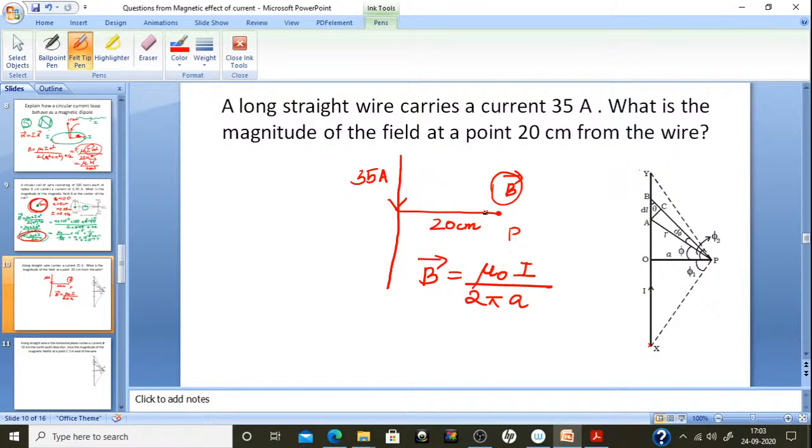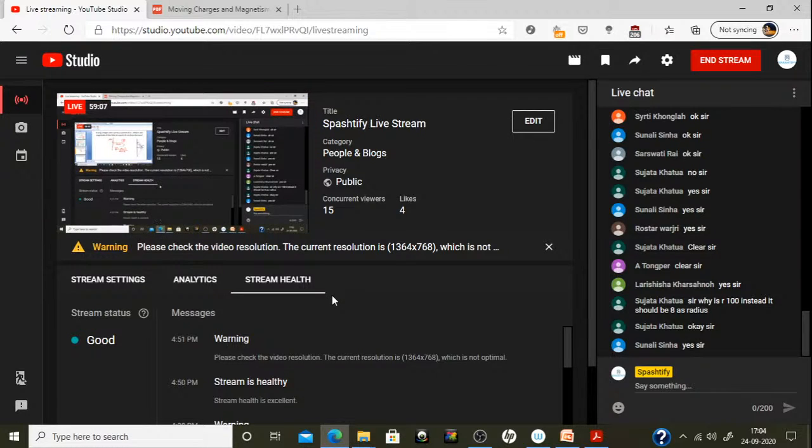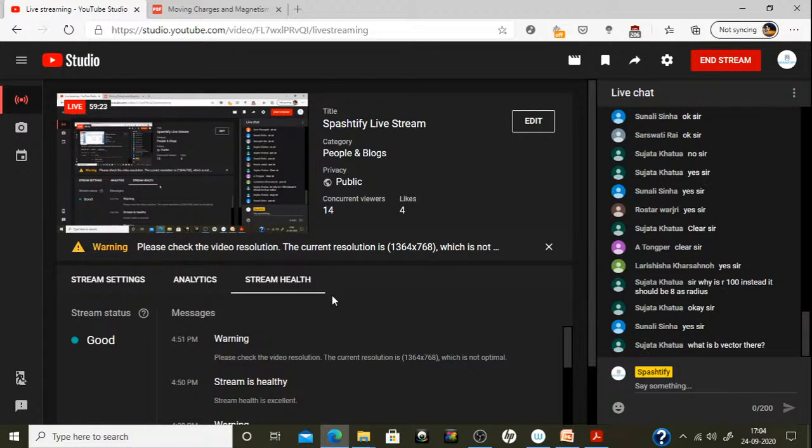Is the formula clear? B vector is the magnetic field at the point P, which is at a distance A from the wire.